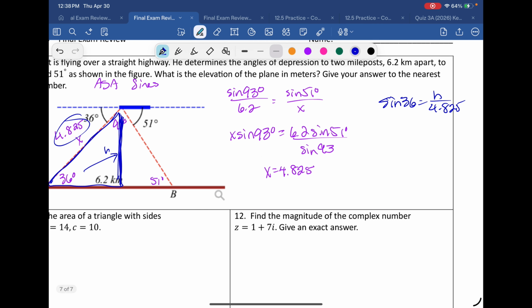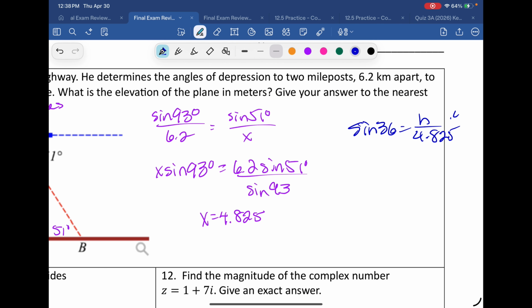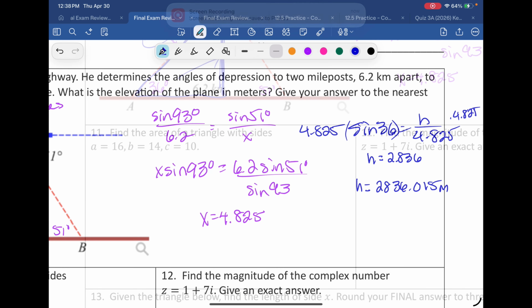We're going to solve both sides by multiplying by the 4.825. Now I did one in meters, not kilometers, so I'm going to multiply that by 1,000. So the height in meters is 2,836.015 meters.